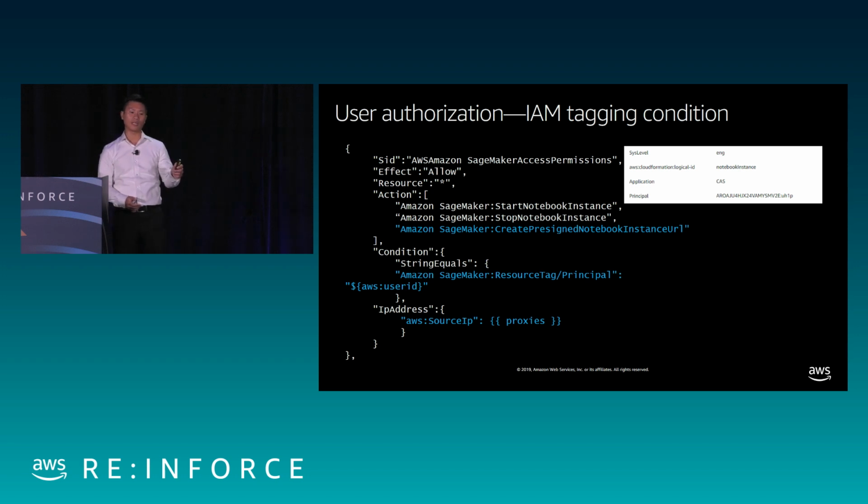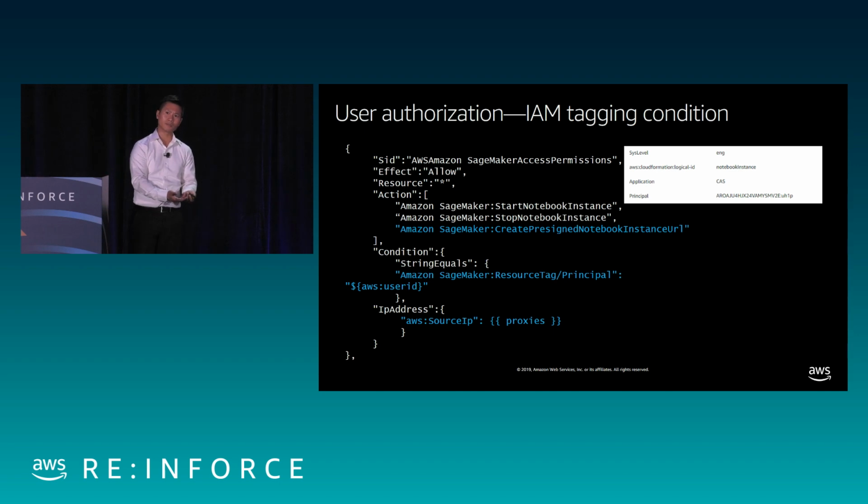On the left-hand side, we have a customer managed IAM policy, which uses resource tags of the principal with the value of AWS : user ID. The reason for that is the AWS : user ID variable for a federated login user ID has the same format as the principal tag that we created.